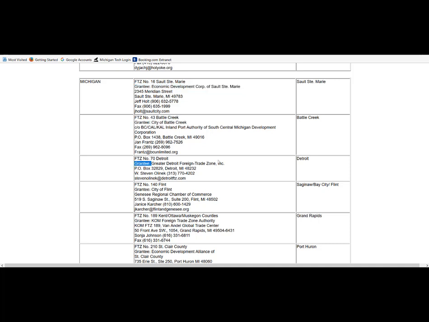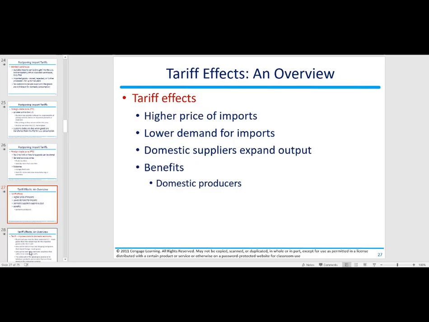In Detroit is the Greater Detroit Foreign Trade Zone Incorporated, the city of Flint, and then many companies can operate in these areas. So if you are dealing in international trade, these are mechanisms available to minimize your costs and therefore maximize your profits. Now we're going to look into the tariff effects in the overall economy.